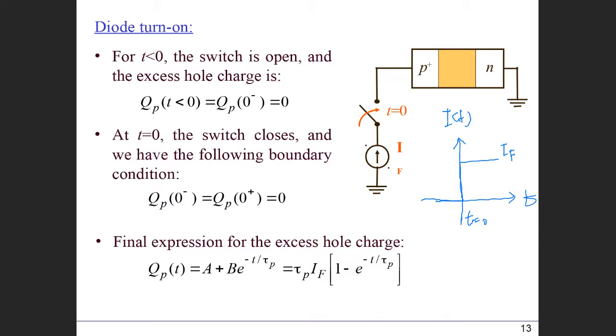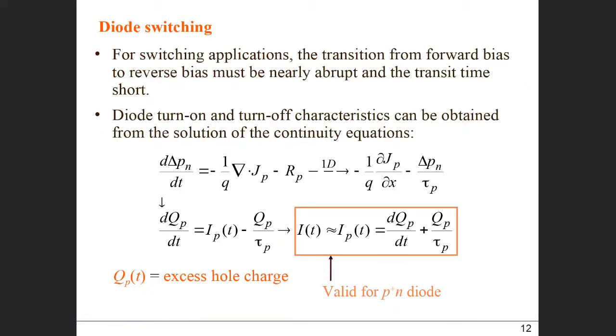So if you look at the previous equation that we need to solve, when t is at 0, we connect the diode and turn the switch on. Then, as we discussed, the current will be IF.